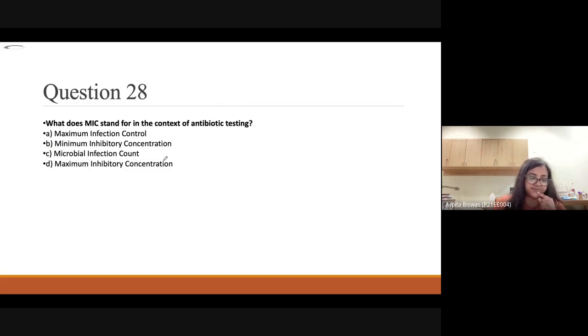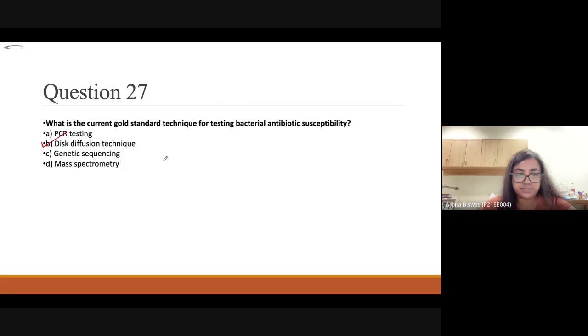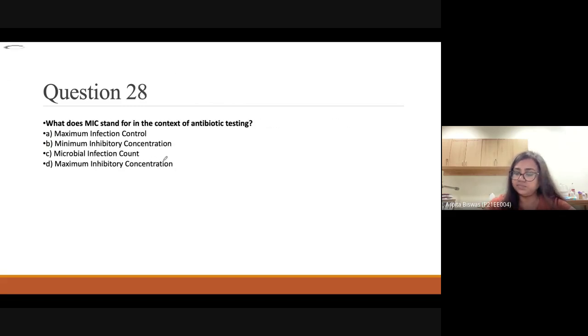What is the right answer? So the right option is minimum inhibitory concentration. Option B is the right answer.